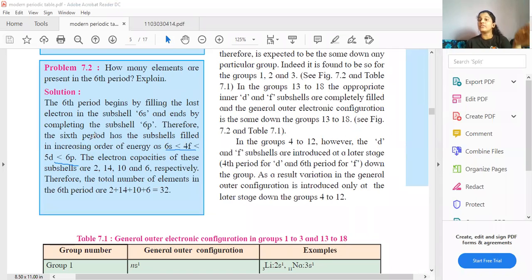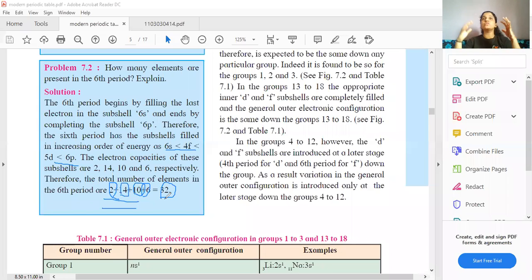You can see after 6s, 4f is filled, and after 4f, 5d is filled. So that is the reason, students, remembering those energy levels becomes very important. Here you can see 2 from the s, 14 from the f, 10 from the d, and 6 from the p. If you add everything, you get 32. So it means in the sixth period there are 32 elements.